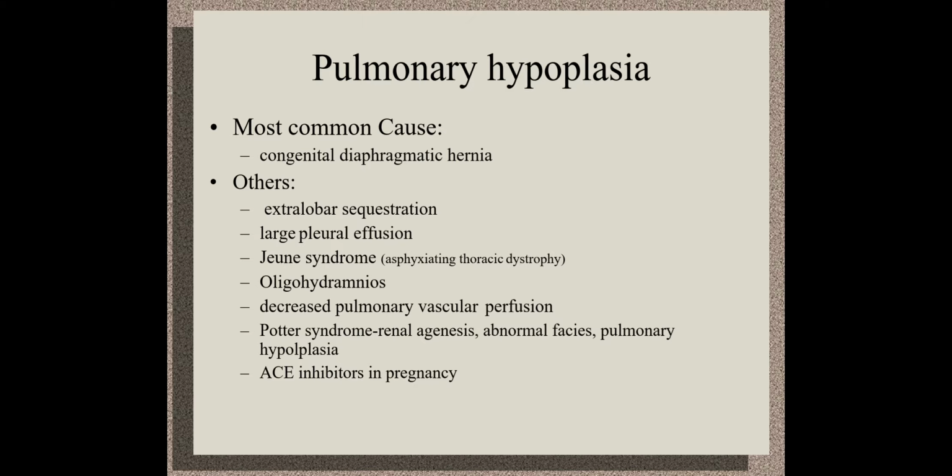Pulmonary hypoplasia: the most common cause is congenital diaphragmatic hernia. Others: extralobar sequestration, large pleural effusion, decreased pulmonary vascular perfusion, and so on.